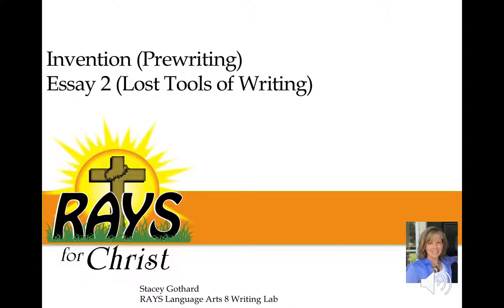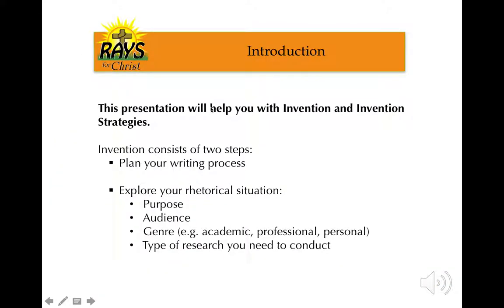So we have a 3-cycle system in our writing program. We spend a week focusing on invention, then in arranging that material, and then in presenting that material. So we are on the second essay. We are on the first part of that cycle of invention. Hoping this presentation is going to help you with invention and the invention strategies.